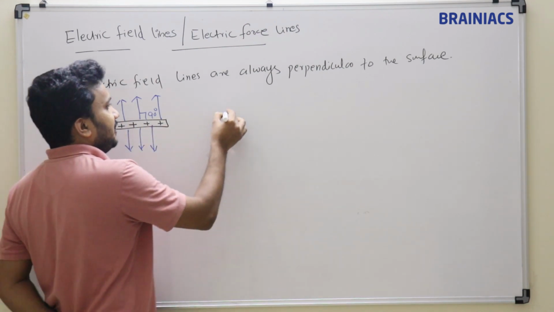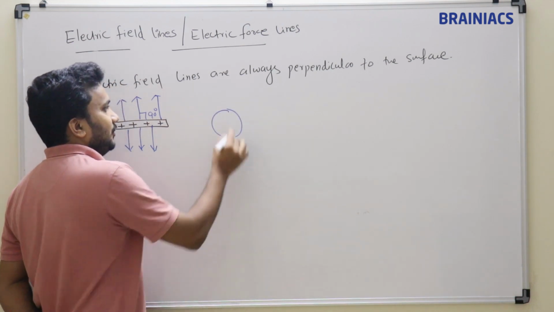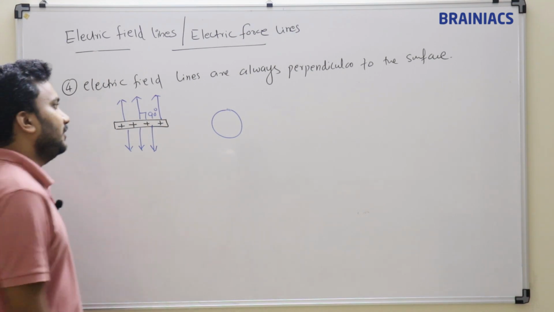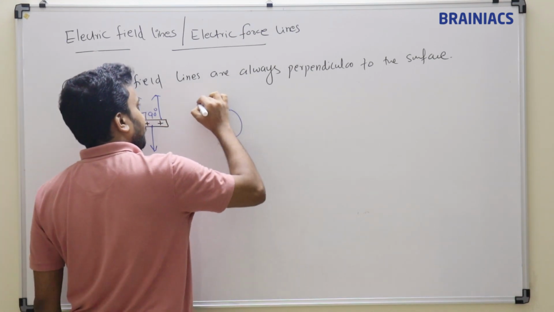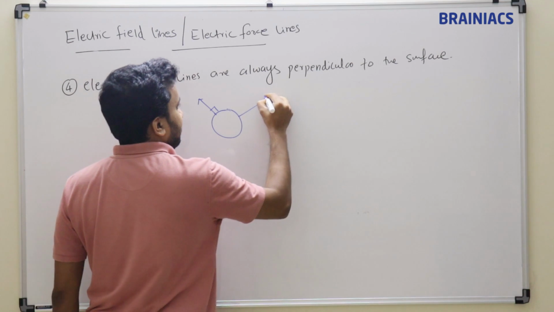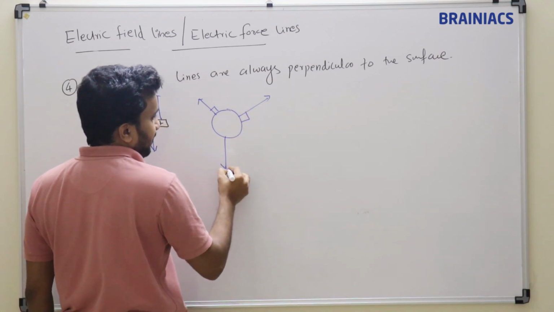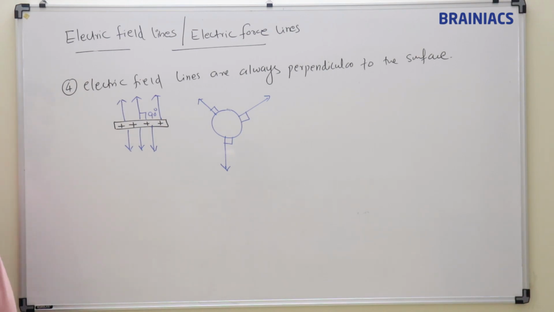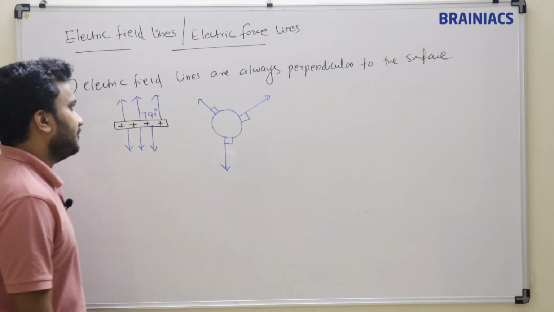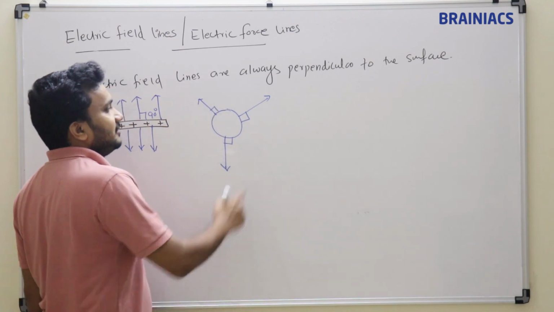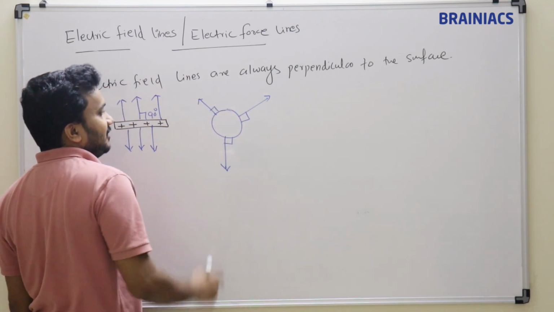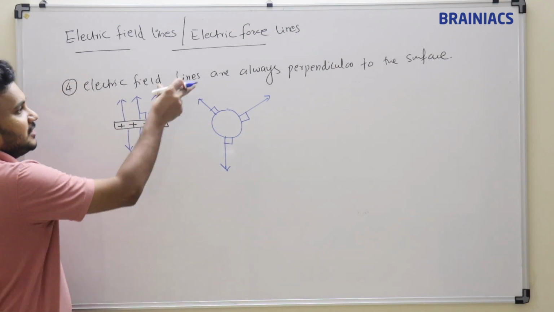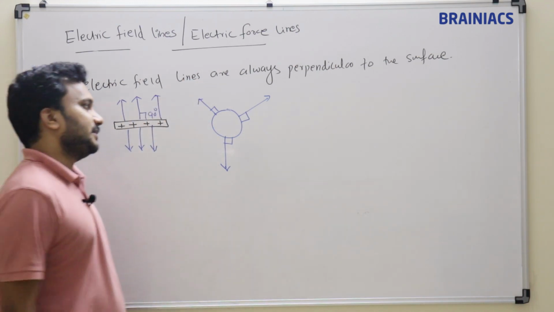If I am taking a circle like this, if this is a metallic strip or a metallic wire, then this makes 90 degrees, this makes 90 degrees, this makes 90 degrees. Always it should make 90 degrees with the surface. These all three are electric field lines, which are always making 90 degrees with the surface, which means they are always perpendicular to the surface.